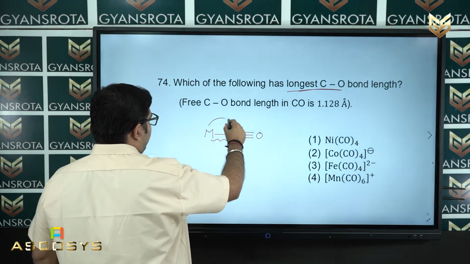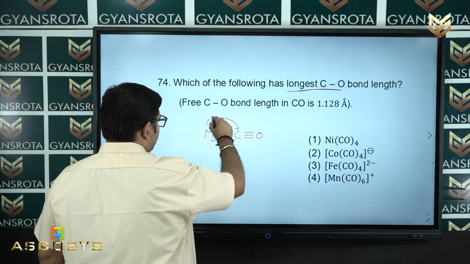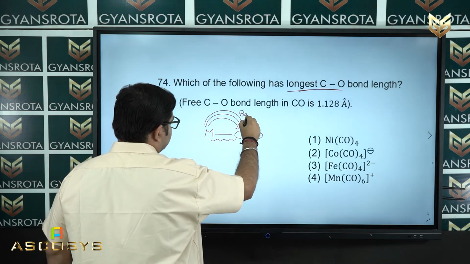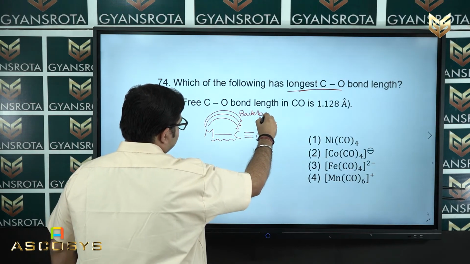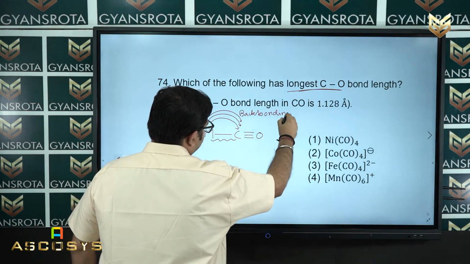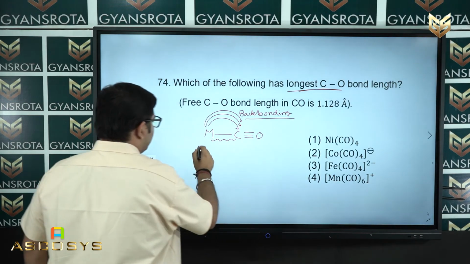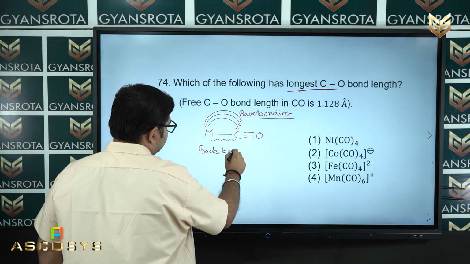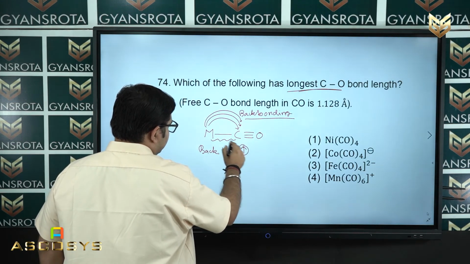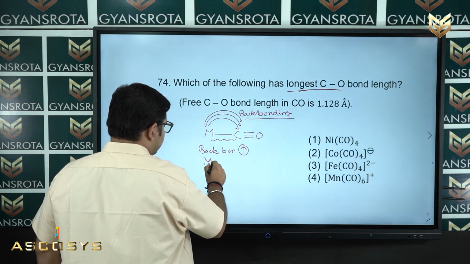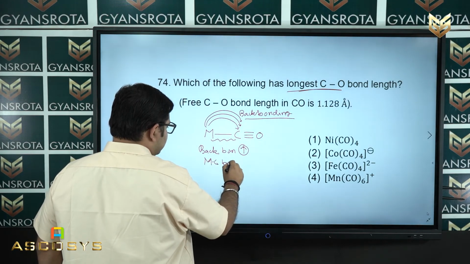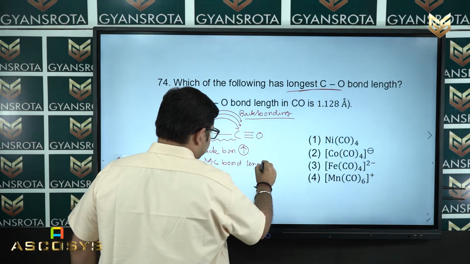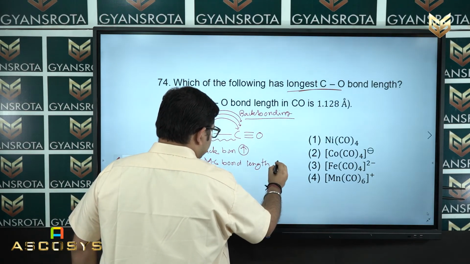Now when this back bonding increases, this MC bond length, okay, not C bond, MC bond length decreases.